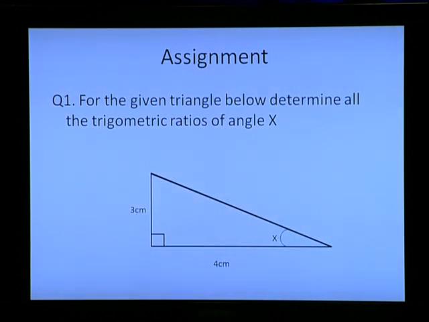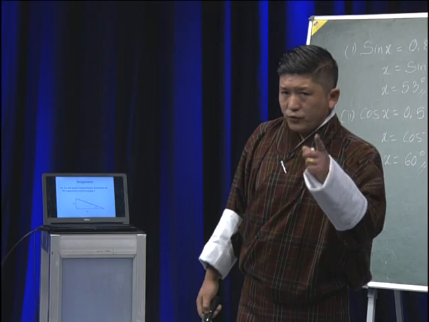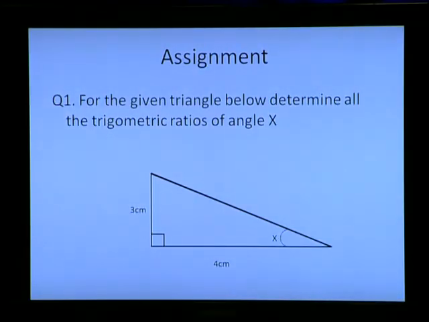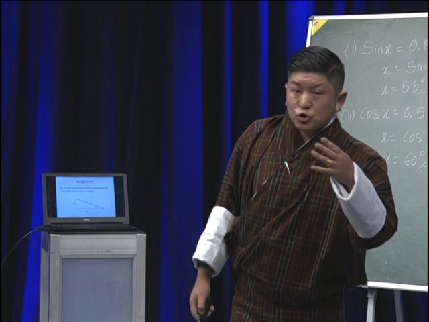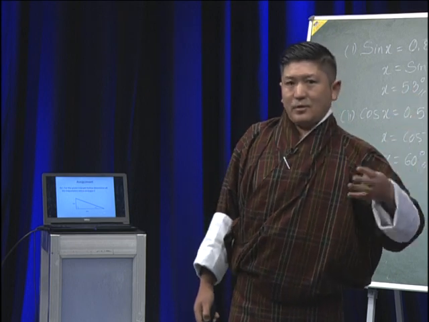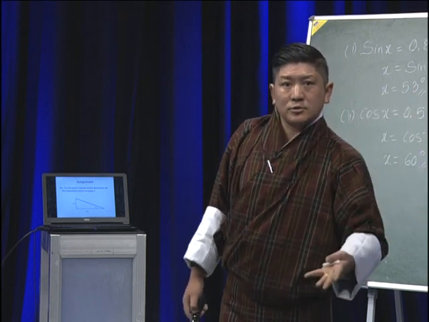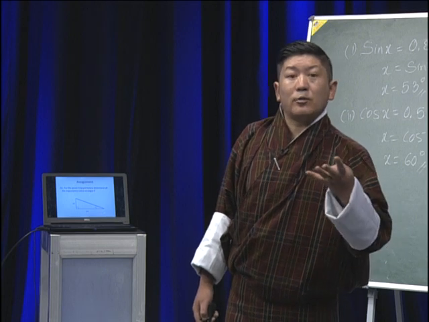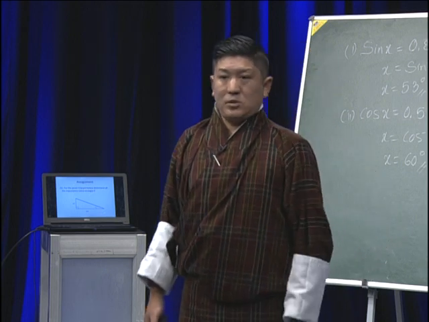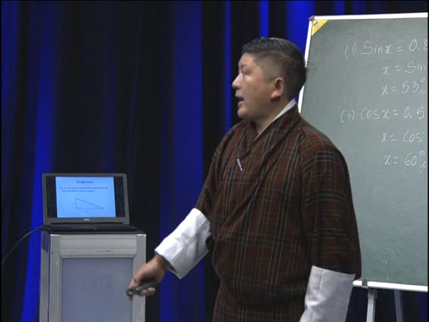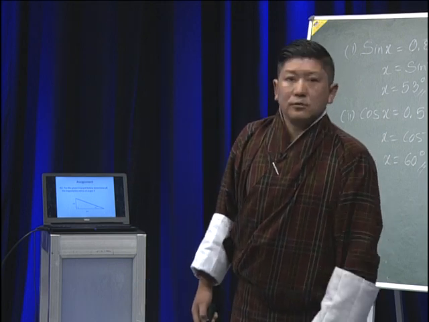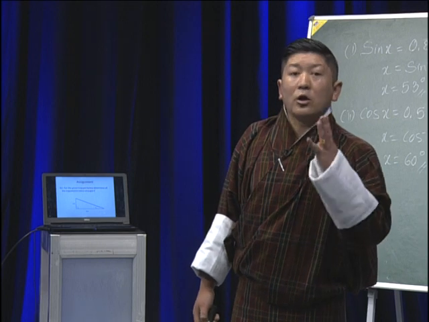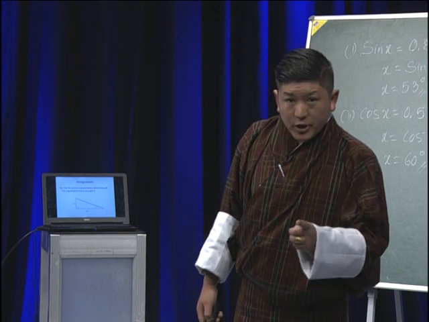Now here there is a problem, so I'll give you a hint: you don't have the hypotenuse. How do you find the hypotenuse? You should go back to class 8, where you learned about the Pythagoras theorem. Apply the Pythagoras theorem, first find your hypotenuse, then you can find all 6 trigonometry ratios.